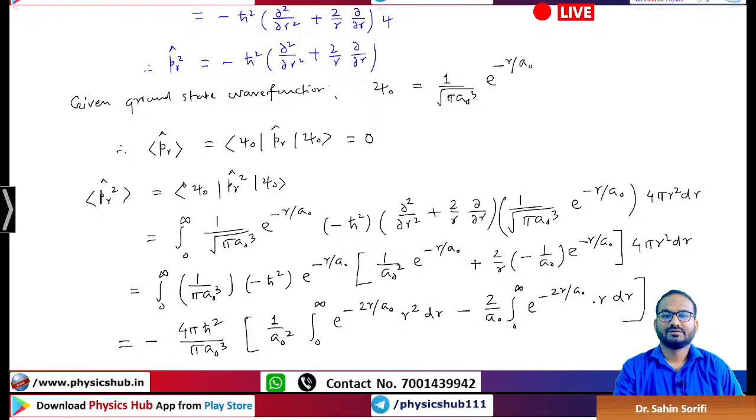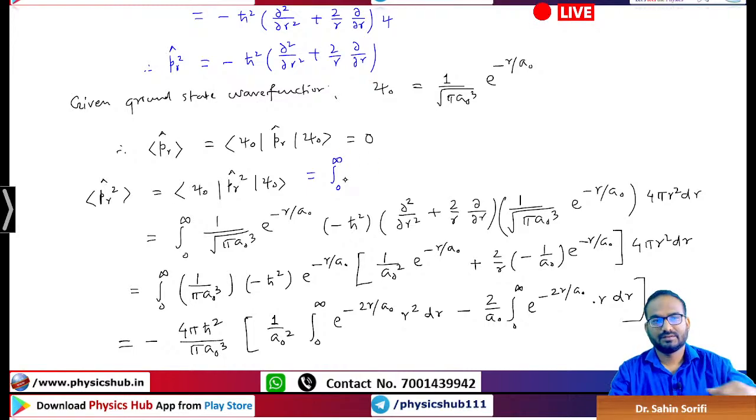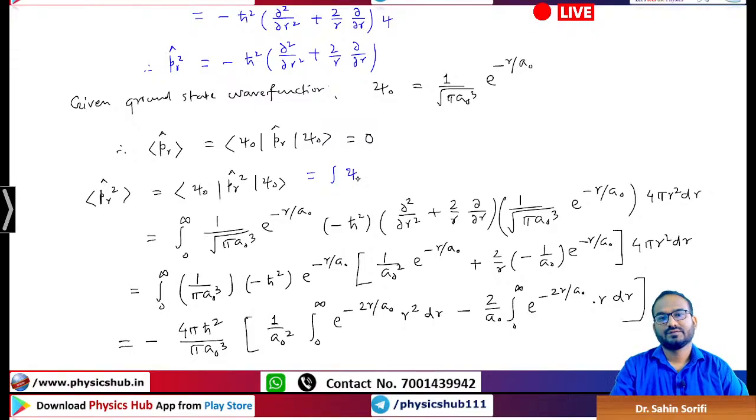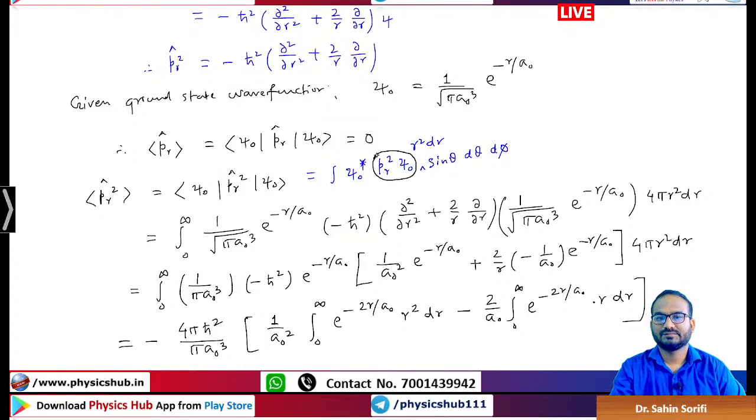Look, this is actually 0 to infinity, or if I write it in this way, psi 0 star Pr square psi 0 into sin theta d theta d phi r square dr. Okay, so Pr square is operating only on this part, and then we gathered the r related terms, and sin theta d theta d phi, this part of the integration gives you 4 pi.